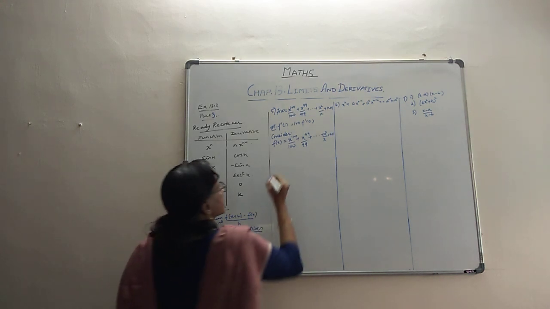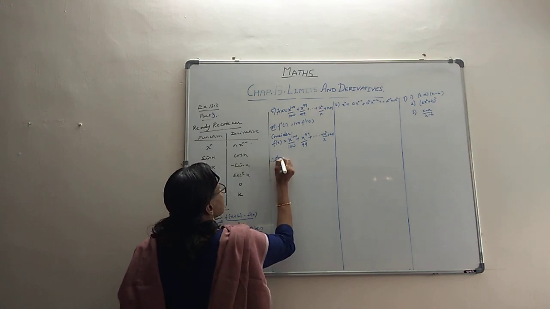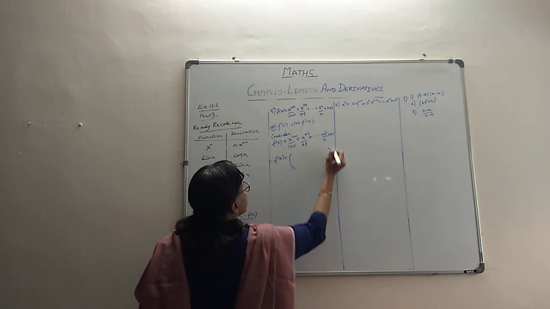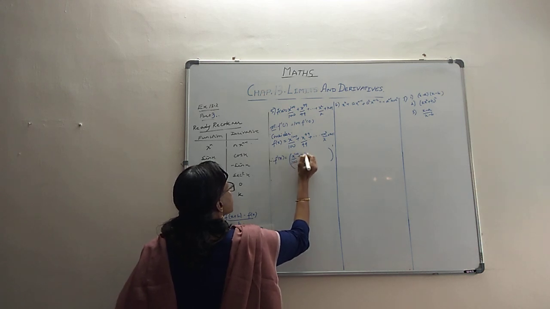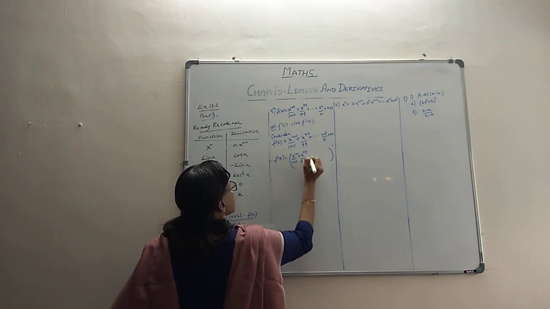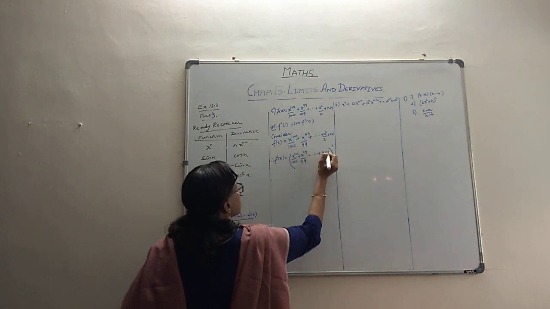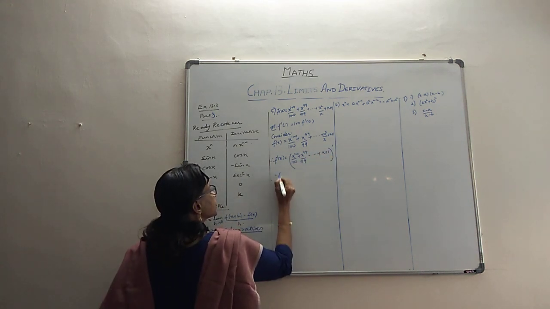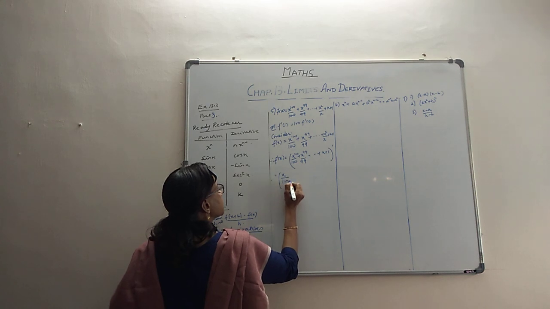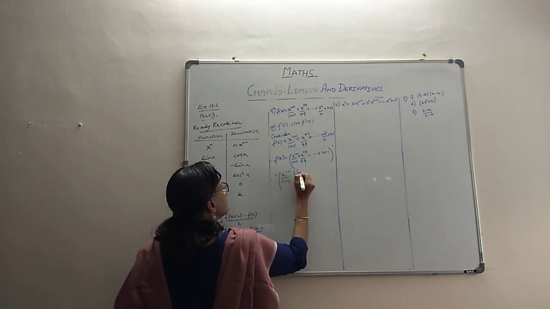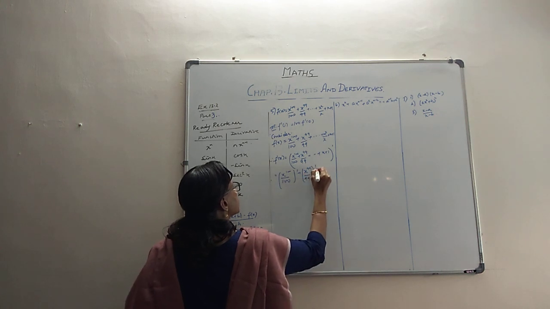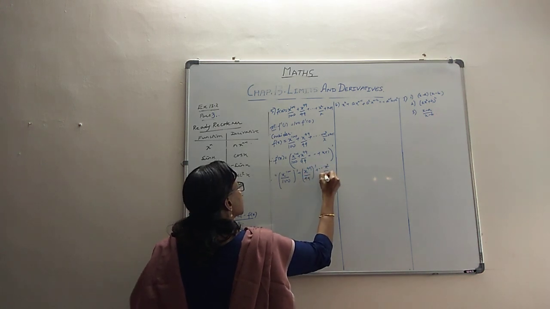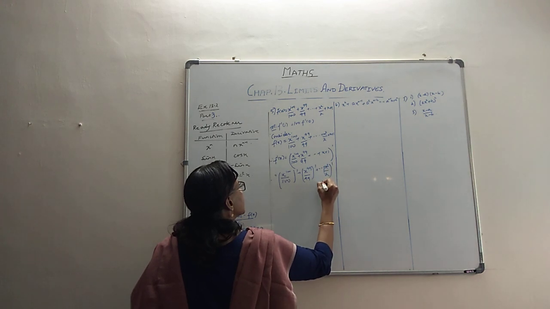So let's see this. f dash x by formula is the derivative of this entire thing, that is x raised to 100 by 100, x raised to 99 by 99 and so on, x plus 1. So the derivative of this whole thing is taking the derivative of individual terms separately, plus x raised to 99 by 99 derivative and so on, x squared by 2 derivative, x derivative, then 1 derivative.